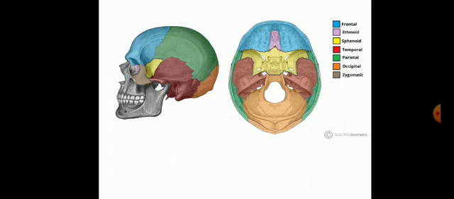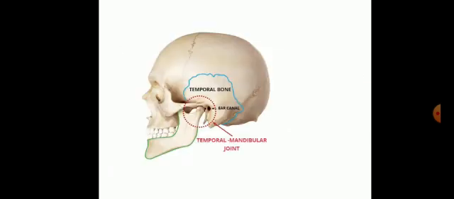The junction between the sphenoid and the occipital bone is an example of a primary cartilaginous joint or synchondrosis. We saw that the mandible is the only movable bone of the skull. It forms the lower jaw. This mandible articulates with the temporal bone to form the temporomandibular joint, which is the synovial joint of head and neck.